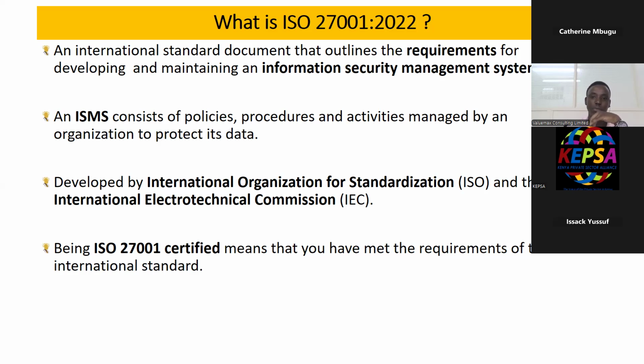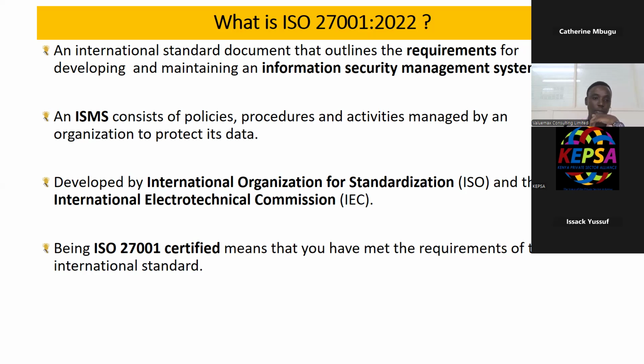And this management system, as I said, is a system. So any system is made up of policies, processes, and procedures. And once you maintain all these procedures, you are able to protect your data. And you can see it was developed by the ISO and the IEC.